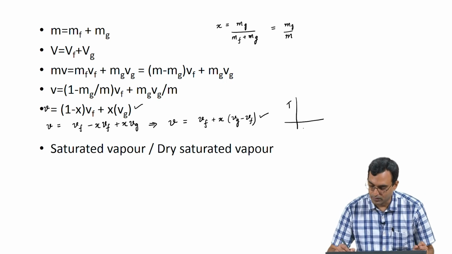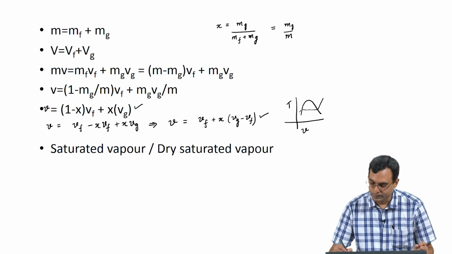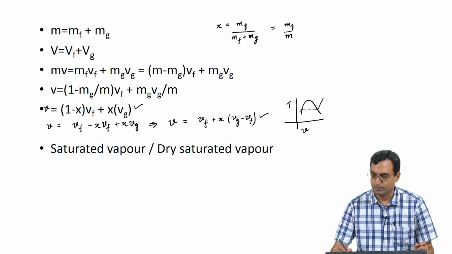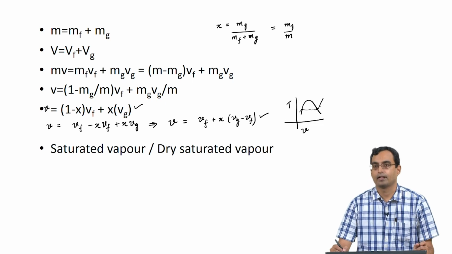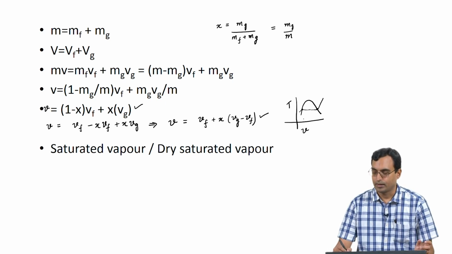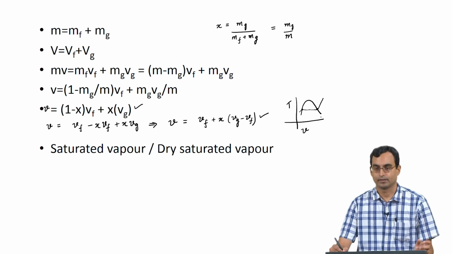And if I was to look at, for example, the TV diagram, I have this liquid vapor dome, I have an isobar here, for example. So, the liquid must be at this condition and the vapor must be at this condition. So, the specific volume of the liquid is whatever would correspond to this, the specific volume of the vapor is whatever would correspond to this.